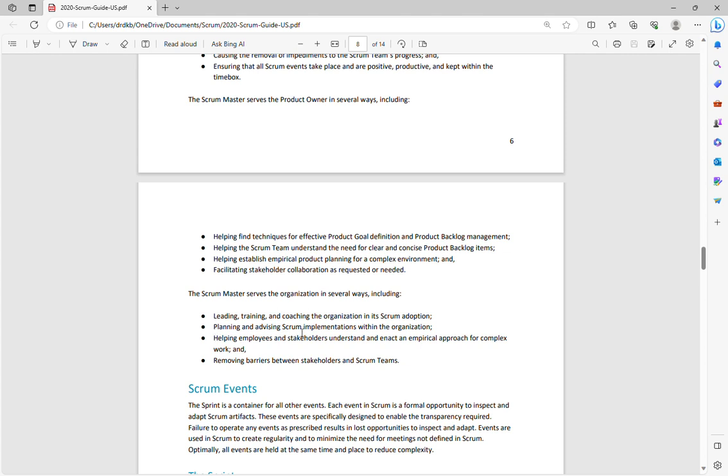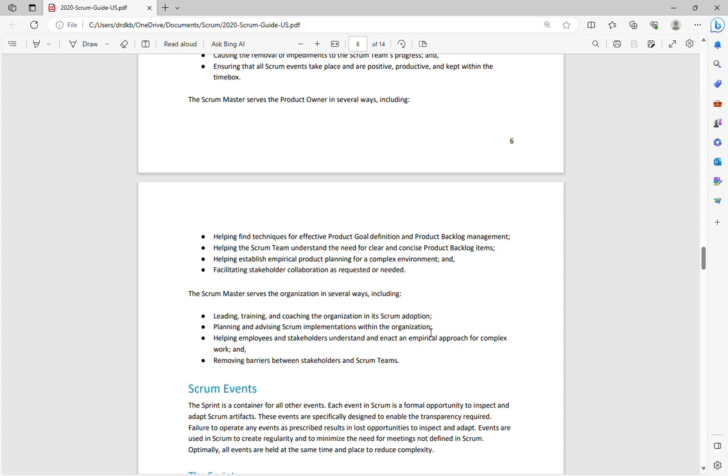Planning and advising Scrum implementations within the organization. How it can be done: planning and advising the Scrum implementation for the entire organization, doing it in one go would be difficult. It can be an evolutionary process, I would say. It can start with coaching certain areas of the organization by showing examples of the current team's success.